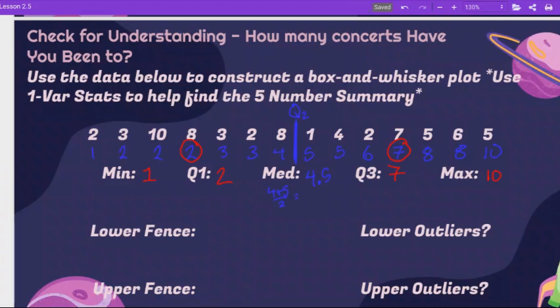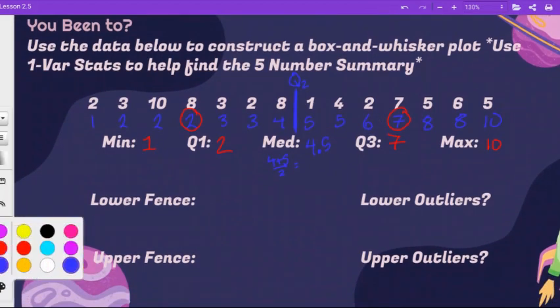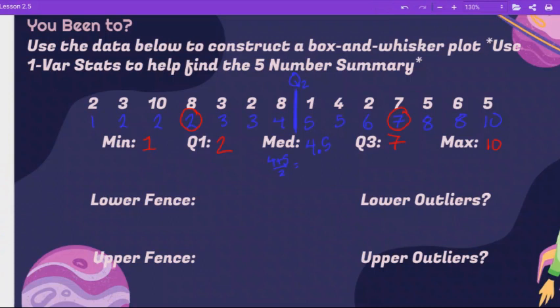Okay, so I first find the 5-number summary. Then I look for my lower fence, which is going to be 2 minus 1.5 times the interquartile range of 5. Okay, remember I got 5 from 7 minus 2.